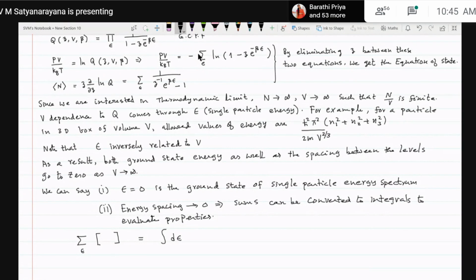Then you have to use something called a density of states. So let us call that some g of epsilon, and then the same expression one can write. So this is how we convert a summation into an integration using the density of states.